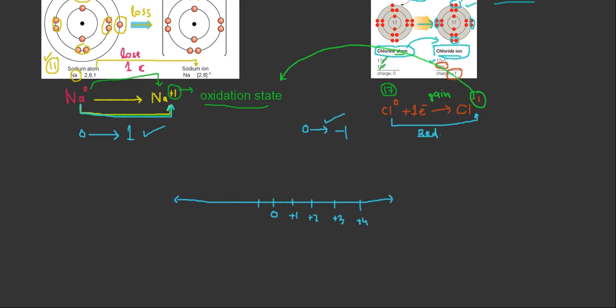Similarly, on this side we have minus 1, minus 2, minus 3, and minus 4, and so on. This line continues, and similarly this line also continues, because we have a large number of numbers in mathematics.